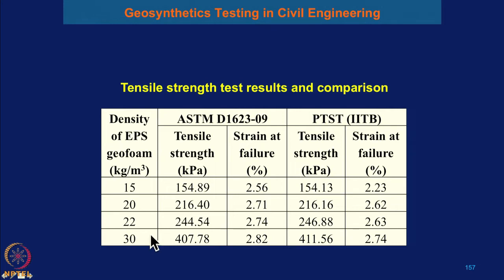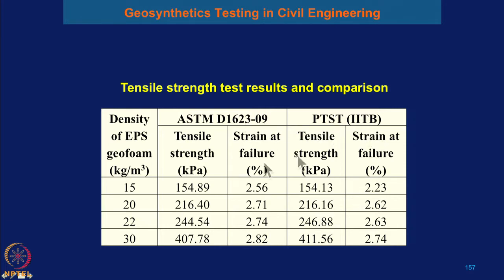For the density of 30 kg per meter cube of EPS geoform, the tensile strength is 407.78 and the corresponding strain value is 2.82.